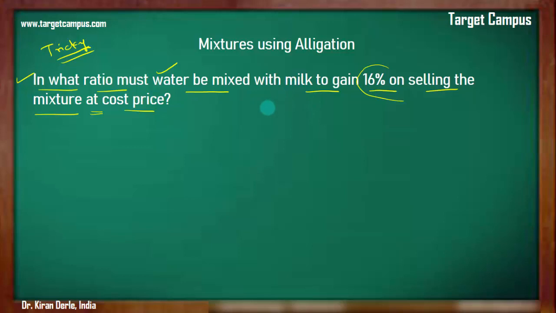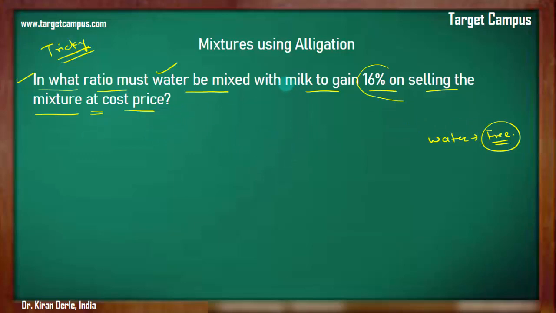It is always assumed in mixtures that water comes free of cost. It doesn't have any cost. Even if it is not practically true, in mixture allegations the water comes free of cost.